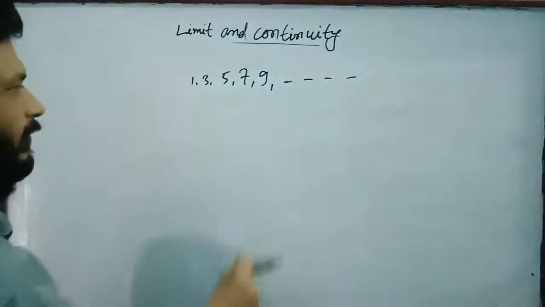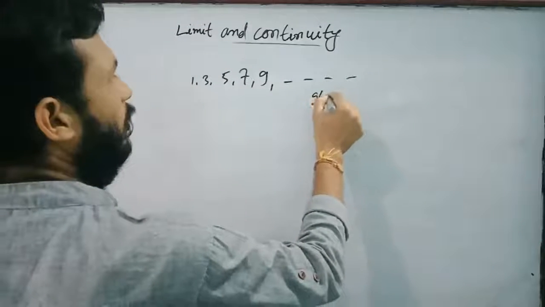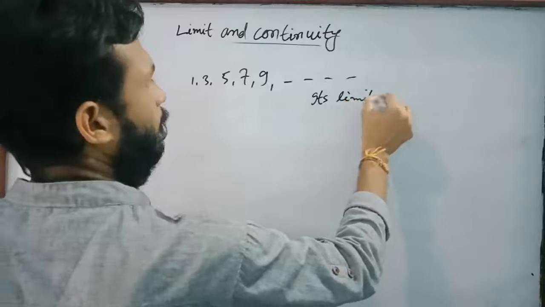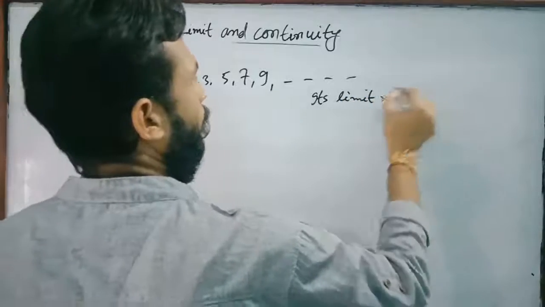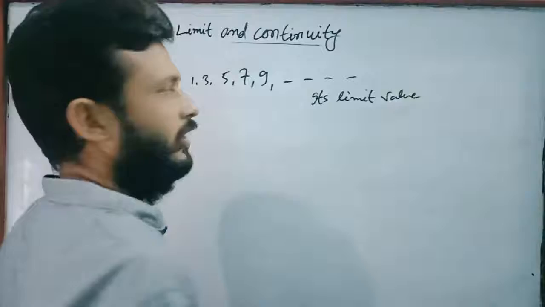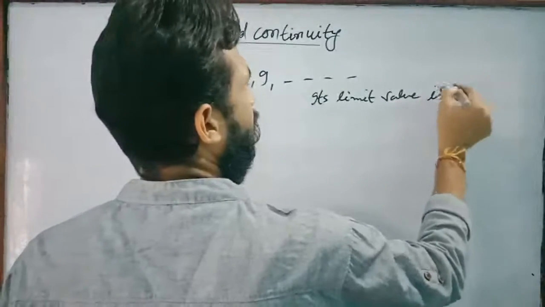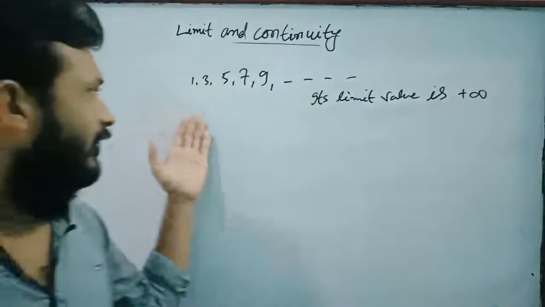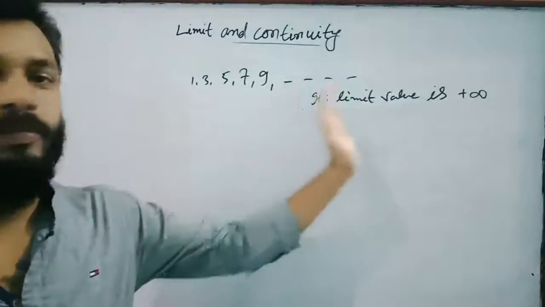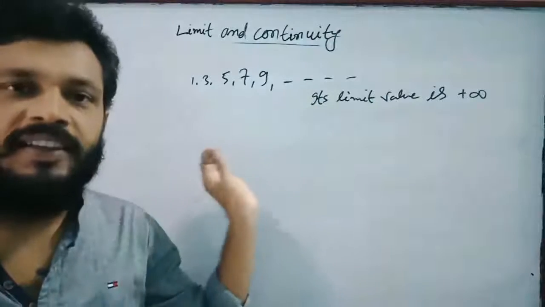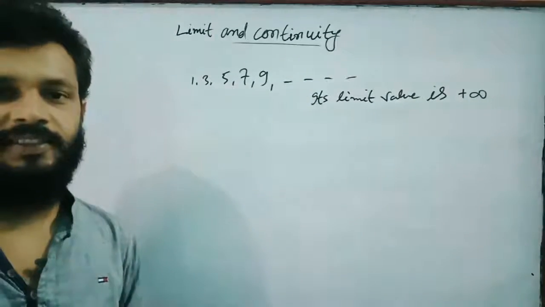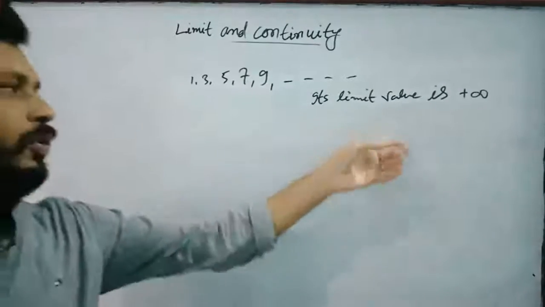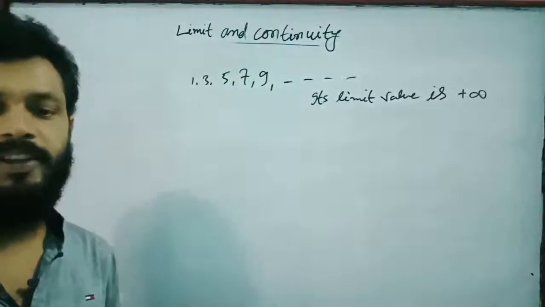Its limit value is plus infinite, positively increasing. In this sequence, each term is positively increased. Understood? So we can say its limit value is positive infinite.